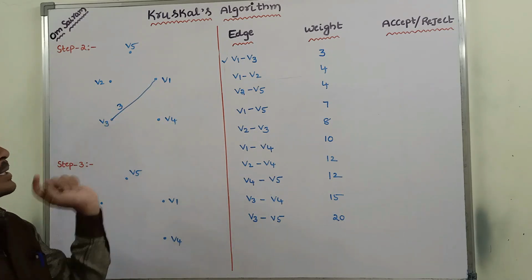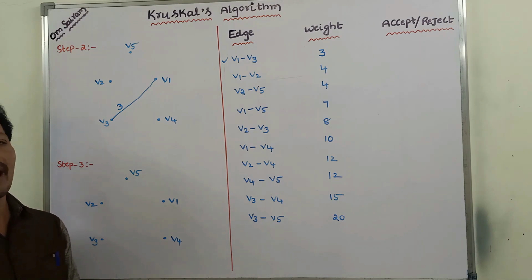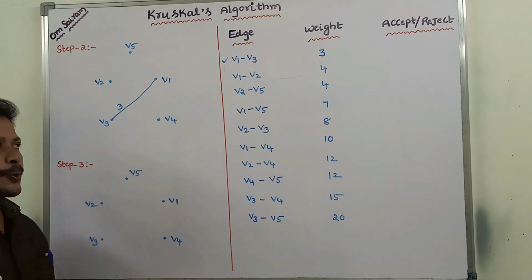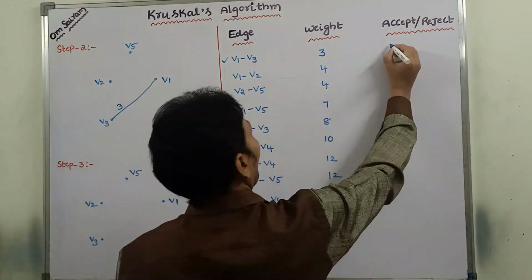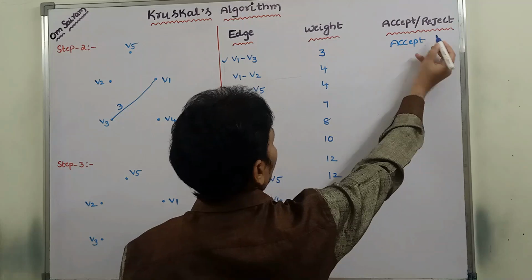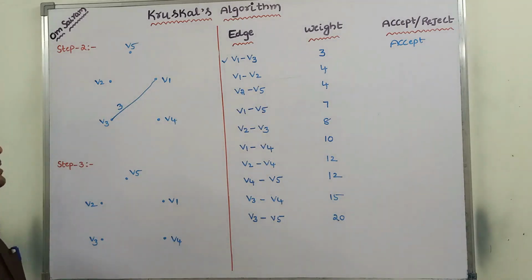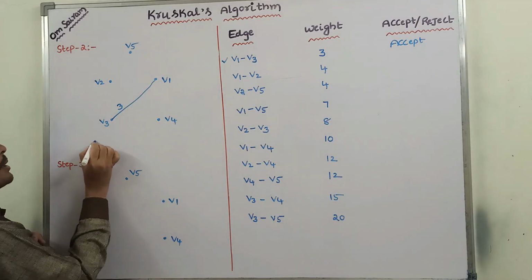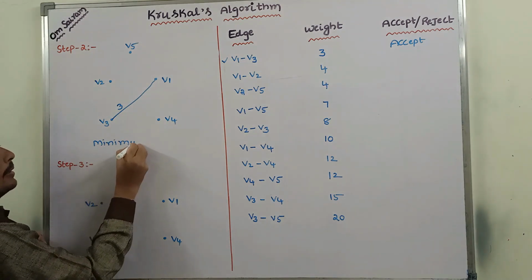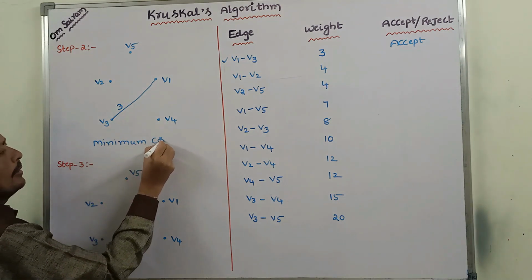After adding this edge to the empty spanning tree, no cycle is formed, so we accept this edge. After accepting this edge, the minimum cost of this spanning tree is 3.